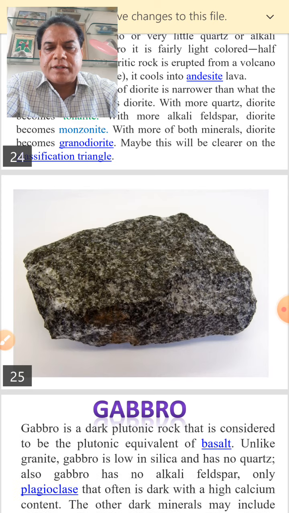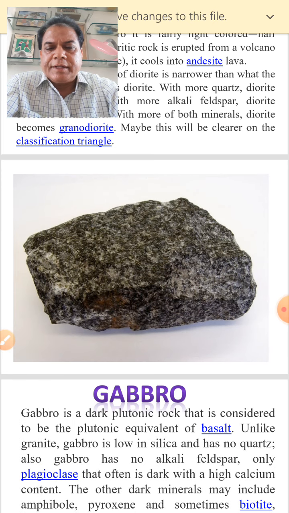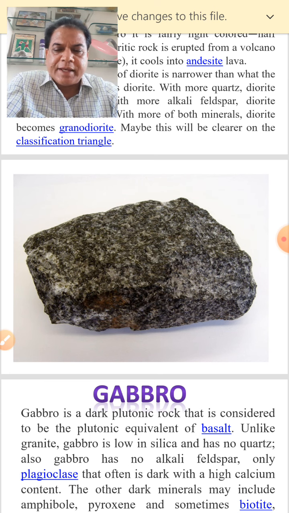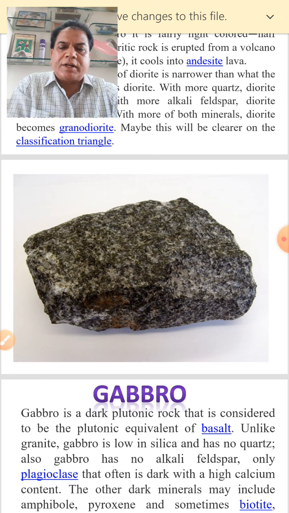Now next is your rock gabbro. Gabbro is a dark colored plutonic rock that is considered to be the plutonic equivalent of basalt. Basalt was already discussed, vesicular basalt, and gabbro is its plutonic equivalent. Gabbro has low silica and no quartz. Because the silica content is less and there is no quartz, gabbro has no alkali feldspar, only plagioclase.